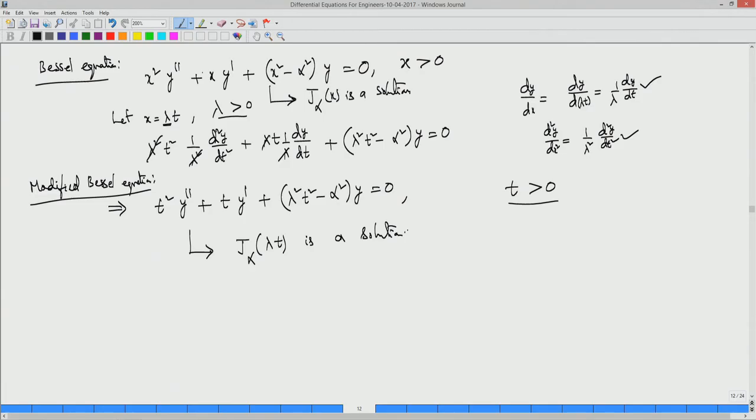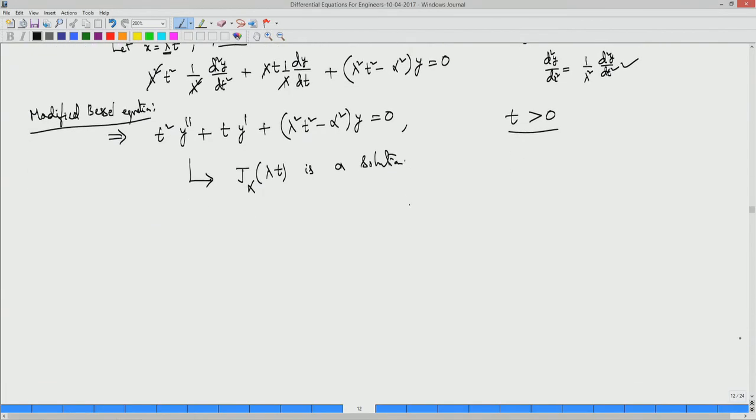Now I fix my alpha, and I fix the domain. I choose some L, a fixed positive number, so in the domain I have t from 0 to L, within the full real line.